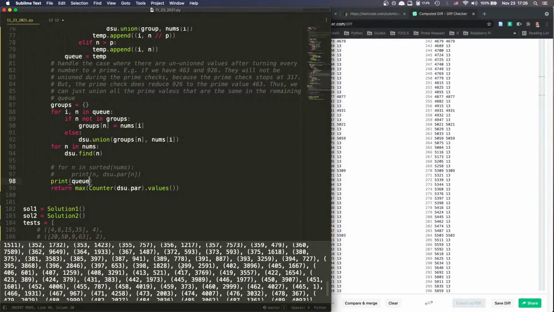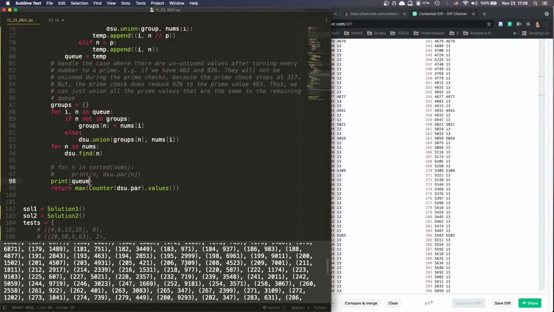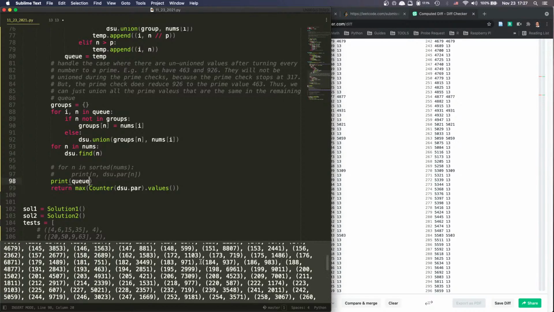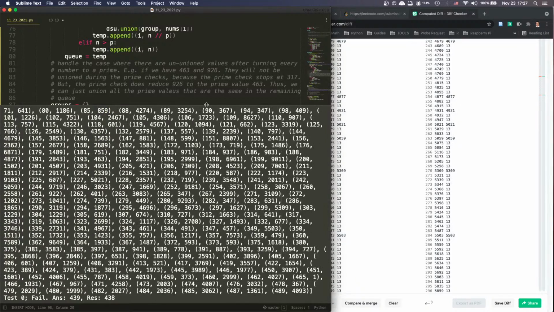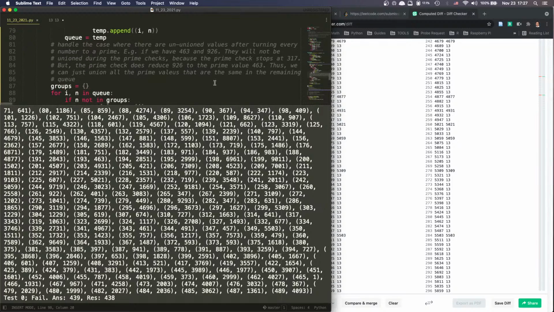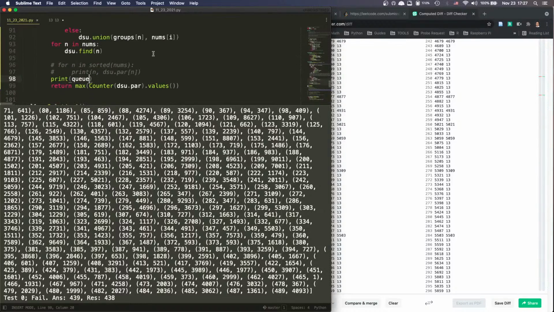What the heck? There's a lot of values. 1423, right? No, what we want to find out is... okay, so we don't print out the Q directly.